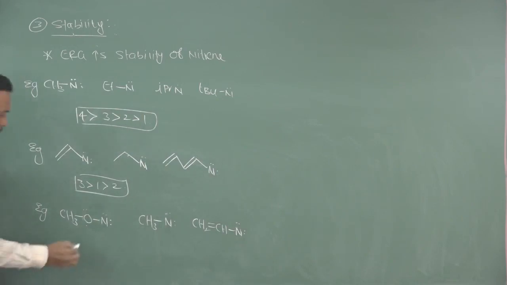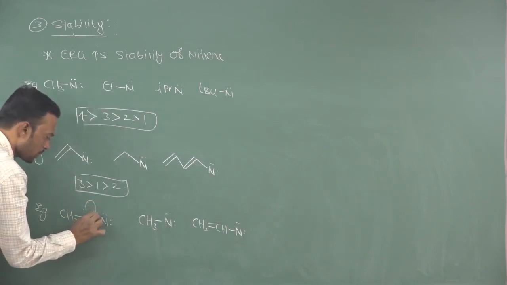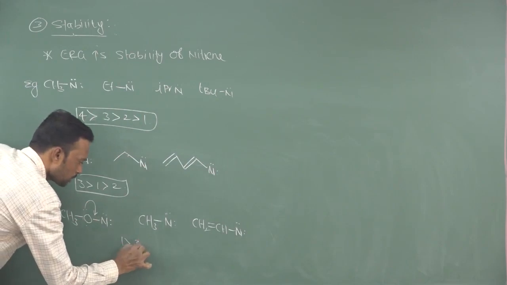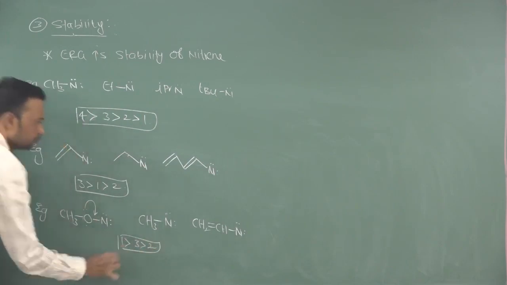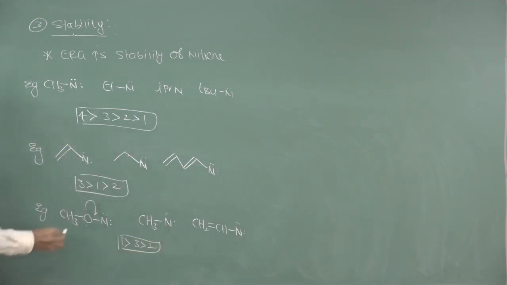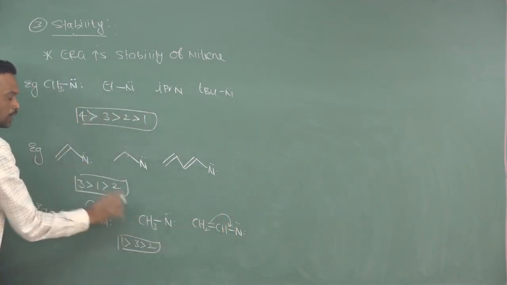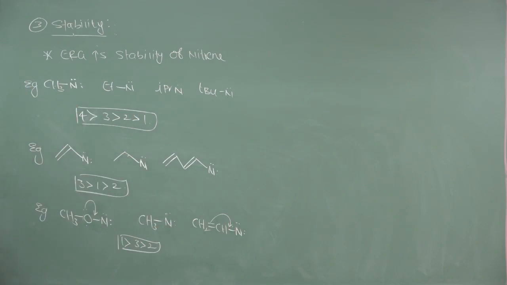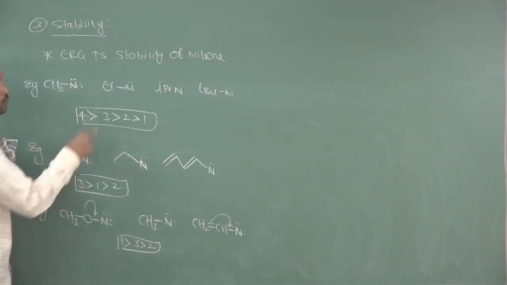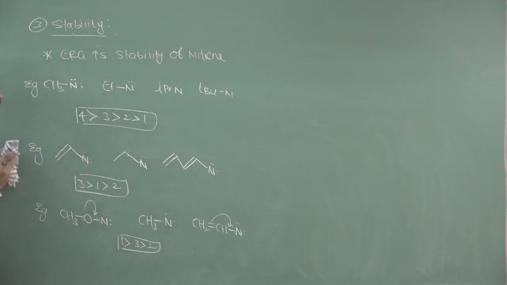Plus mesomeric effect will stabilize by releasing electrons. The first one is more stable than the third one, then the second one. Here mesomeric stability, here conjugate stability, here inductive stability. So you can apply mesomeric effect and inductive effect, especially in the case of nitrenes.